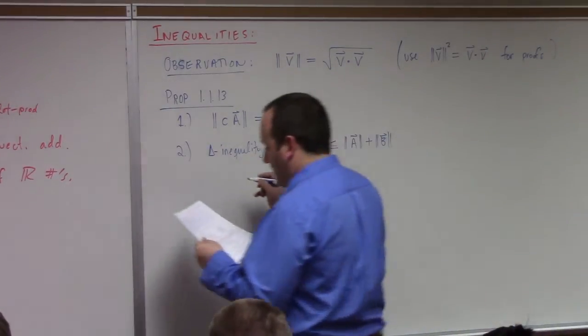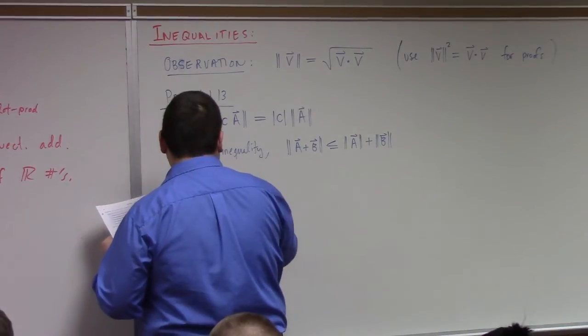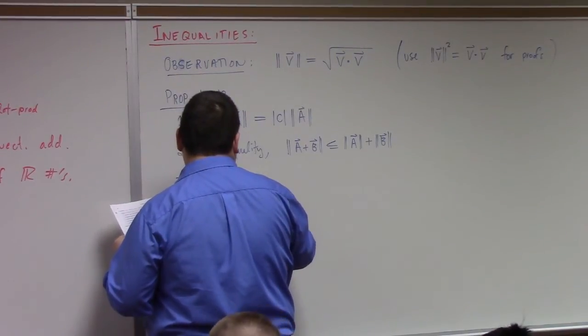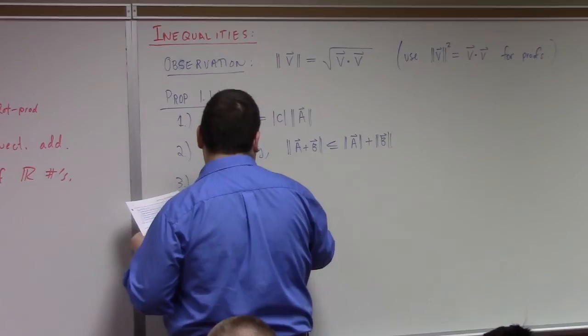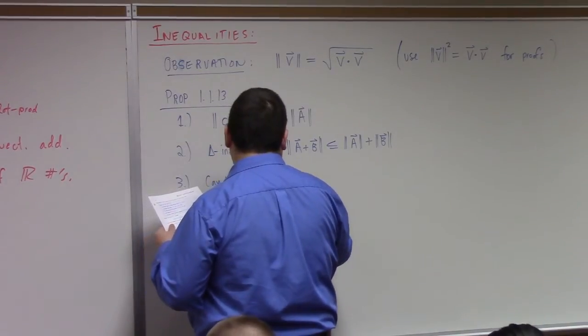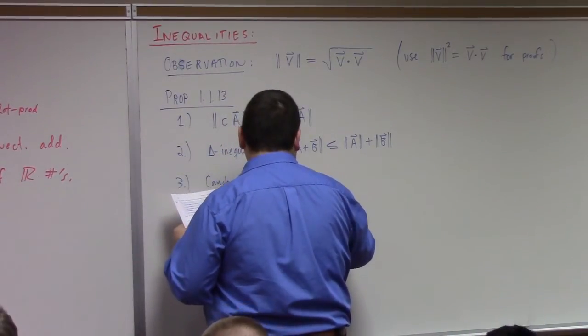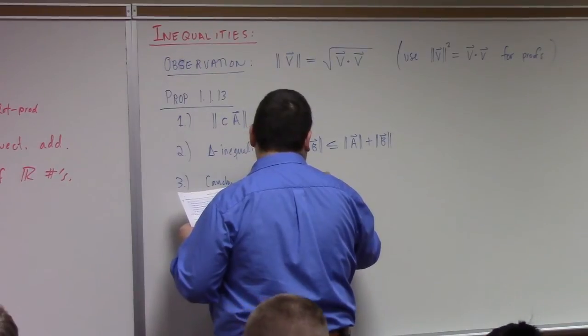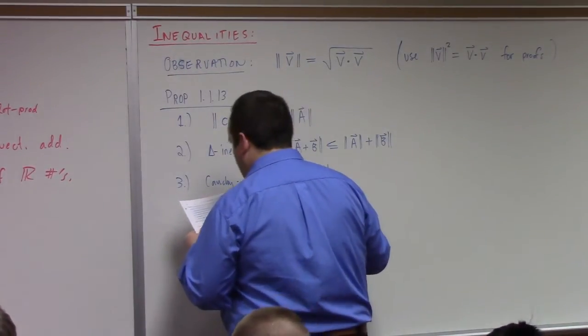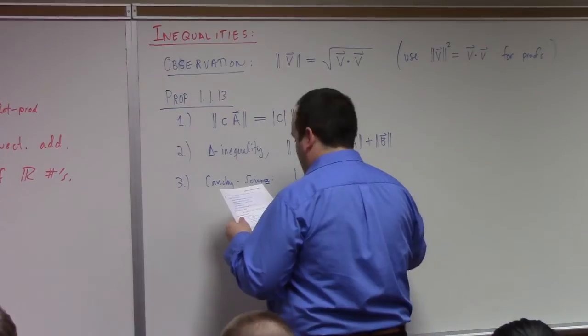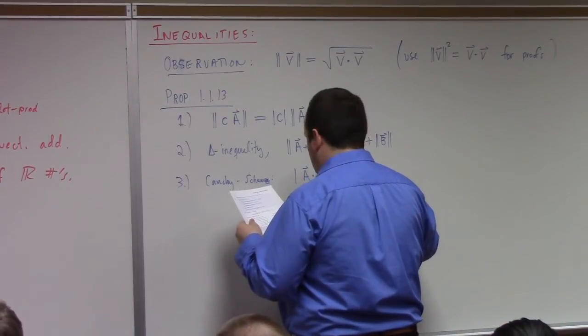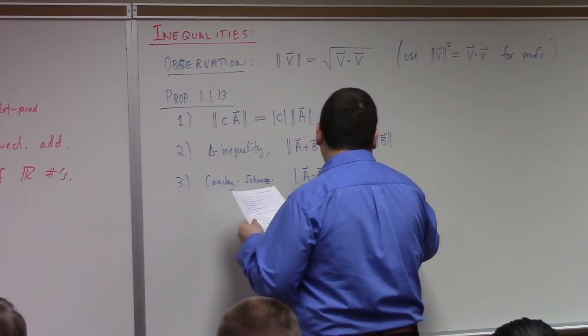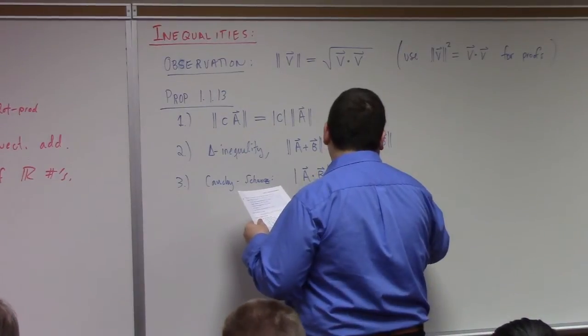There's also something called the Cauchy-Schwarz inequality. And that says that the absolute value of a dot product. This one's really important because this is going to allow us to define angle measure before too long. The absolute value of the dot product of a and b is less than or equal to the norm of a times the norm of b.